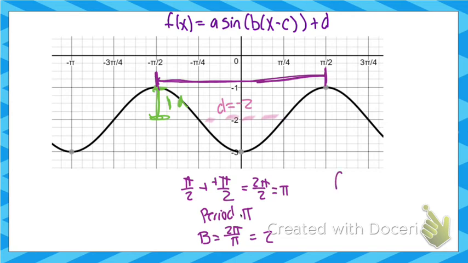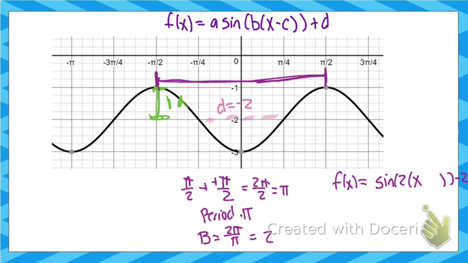So now I'll go ahead and fill in what I know on my equation. a is 1, so I don't really need to write it. I'll do sine bx, I'll leave a blank because we'll figure this out in a second, and then -2 because that is my d value. Now let's figure out what that phase shift needs to be if this is a sine graph.